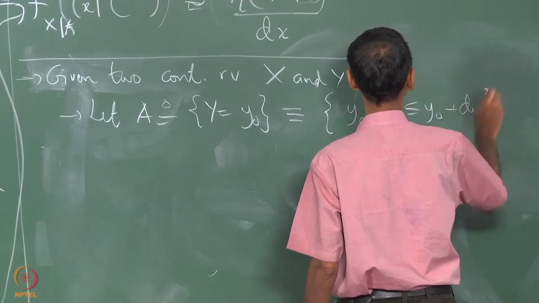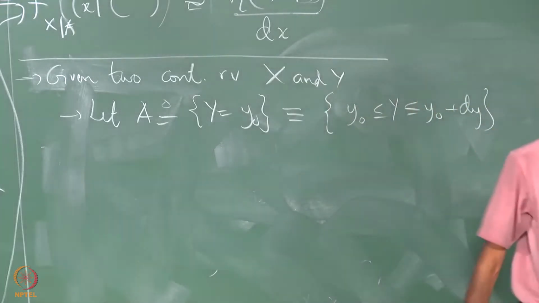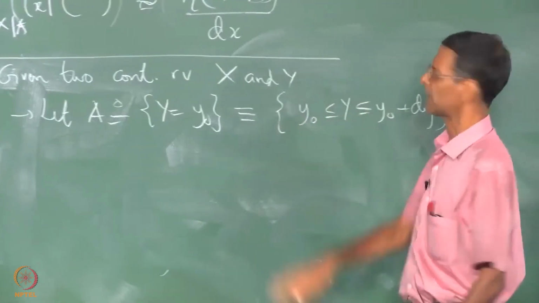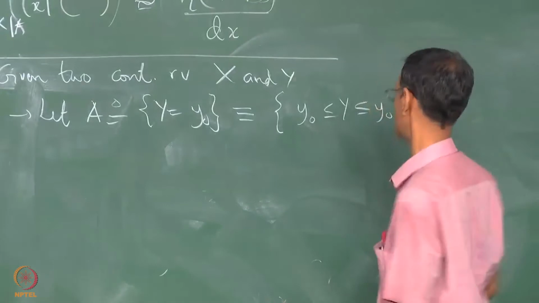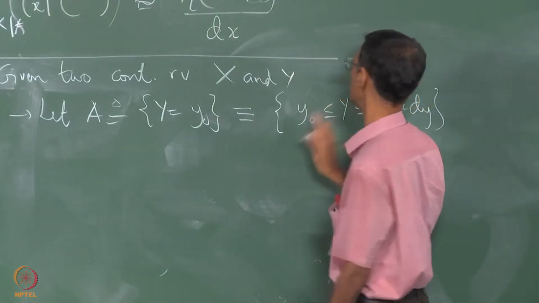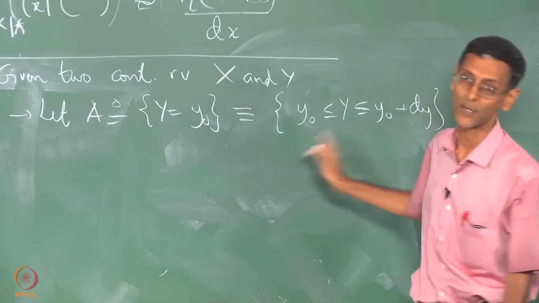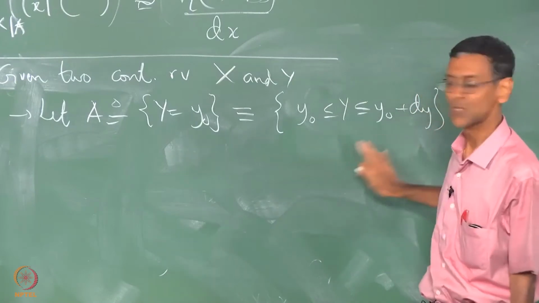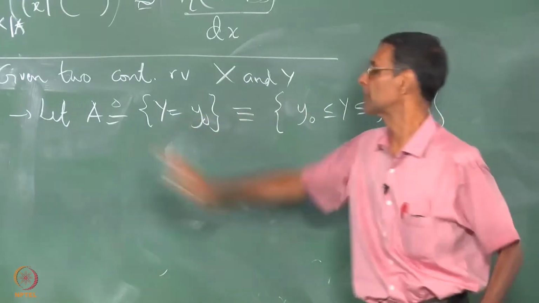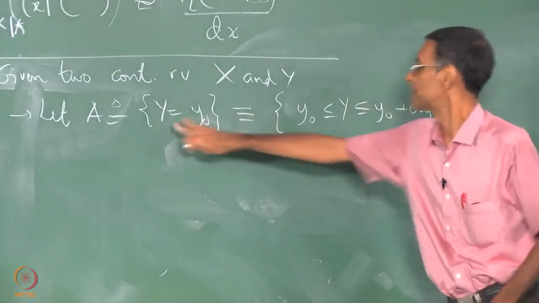This is the easiest way to write it. You can also write it with a symmetric interval if you want. It does not matter. The simplest way is I put the dy completely to the right of y0. So this is my meaning of this statement, the way I am going to interpret this.